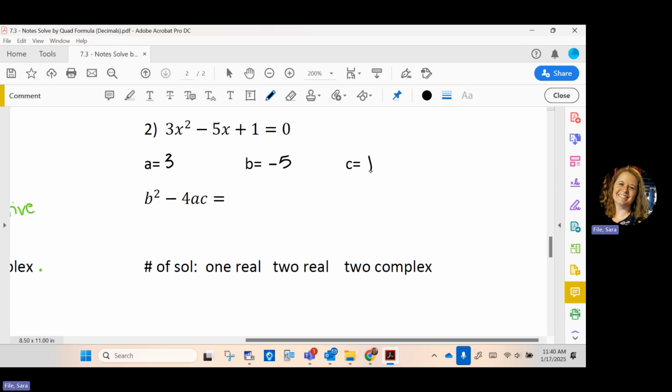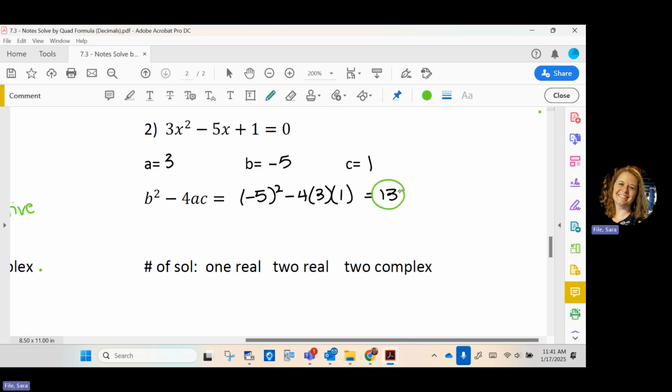Perfect. So now I'm going to calculate my discriminant. B squared minus 4AC. And I can type that into the calculator just like that. Make sure you use the parentheses so that the negative gets squared as well. And we end up with 13 as our discriminant. Is that a positive, a negative, or a 0?